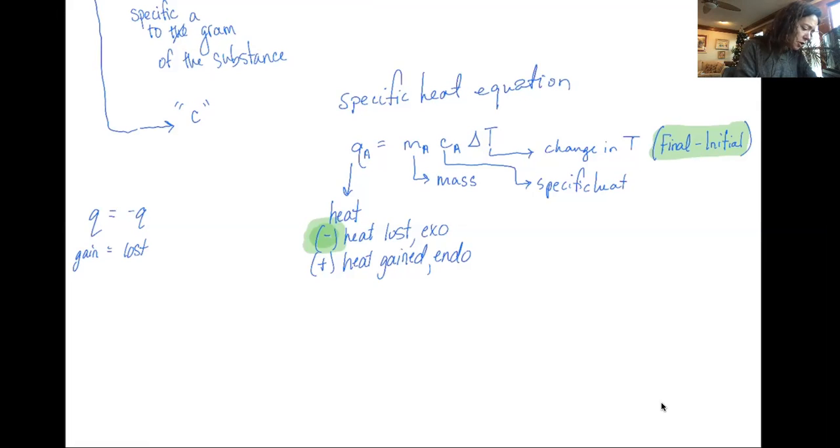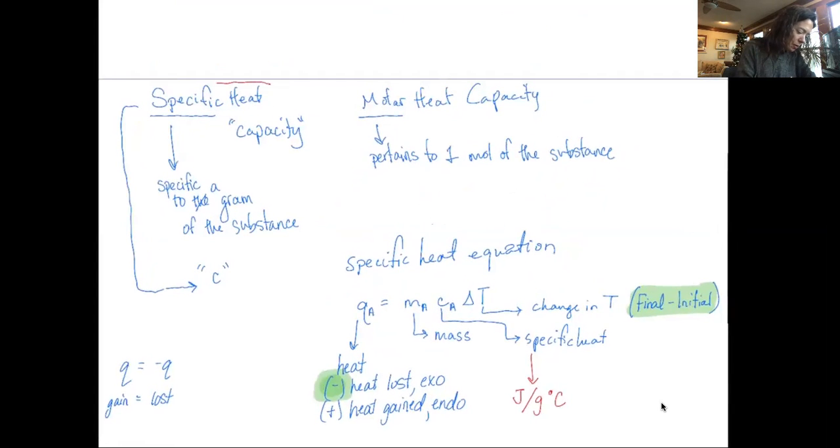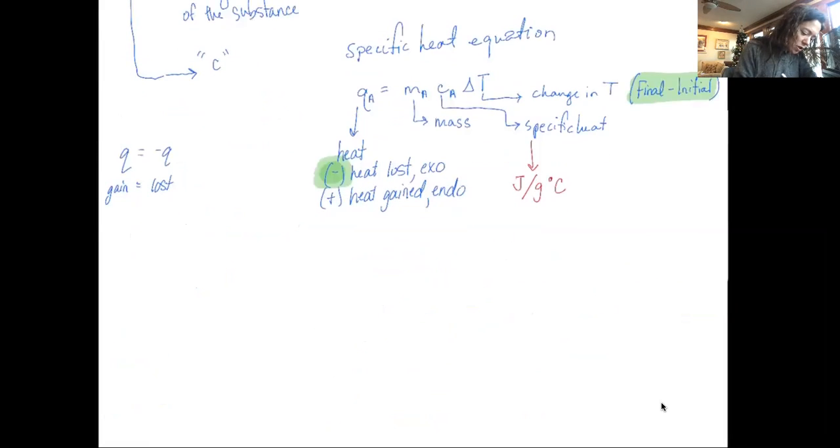Now, let's look at some units here. C is typically in, oh my gosh, 4.184 joules per gram degrees Celsius. All right, so let's look at that, because what we need to make sure we actually understand is, what do we mean by specific heat, okay? Understanding that just requires taking a minute to look at the units.